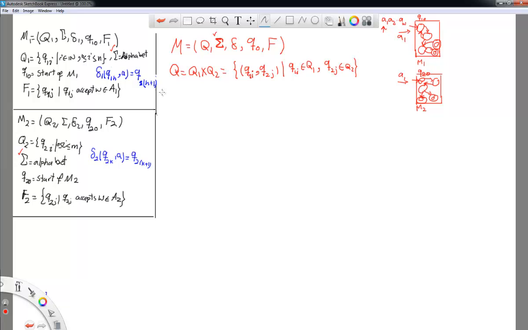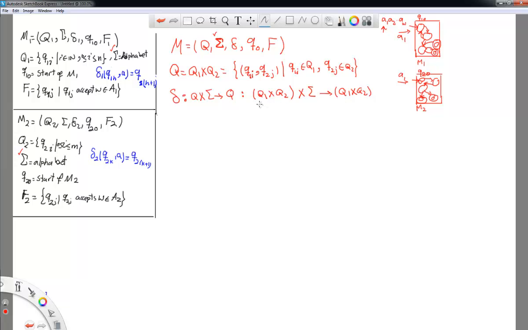Now let's look at the transition function. How does my transition function look to be able to compute the two transitions of my original automaton? It's fairly straightforward to see how it can be done. We know that delta is going to be from Q cross sigma to Q. So as a result, the delta is from Q sub 1 cross Q sub 2 cross sigma to Q sub 1 cross Q sub 2.